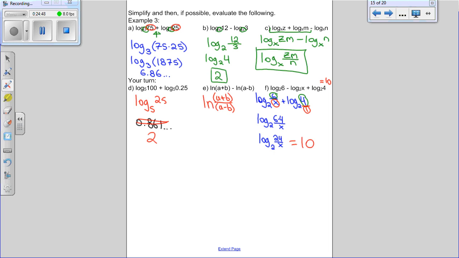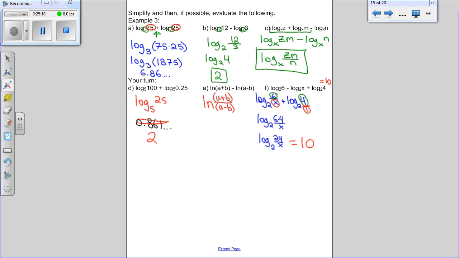So if you're looking for part of the log, what form do you have to be in instead? You're looking for something in the log, like your variable is part of the logarithmic equation. What form do you have to be in to be able to solve that? Exponential form. So I would have to change this to become 2 to the power of 10 equals 24 over x.